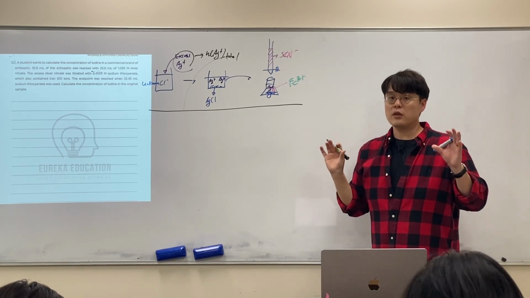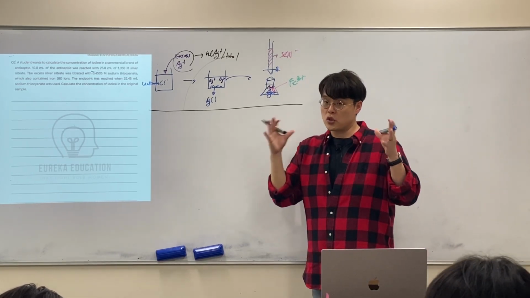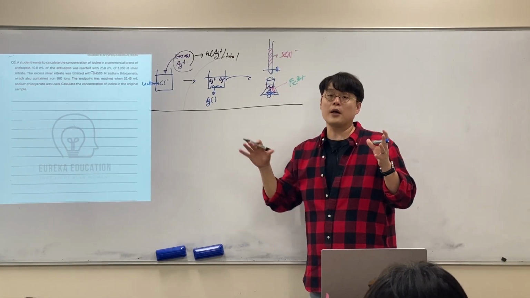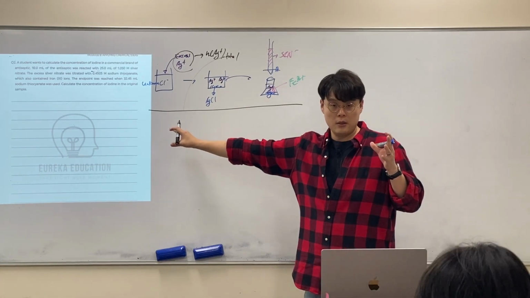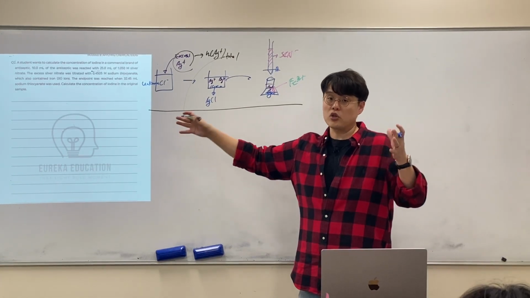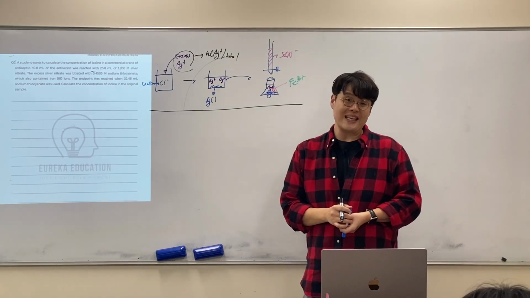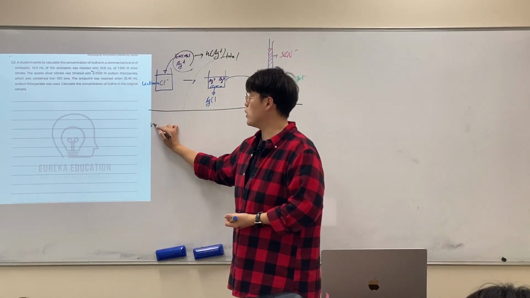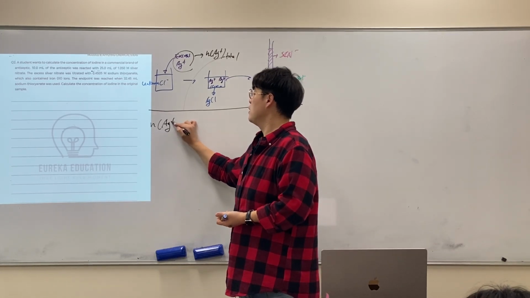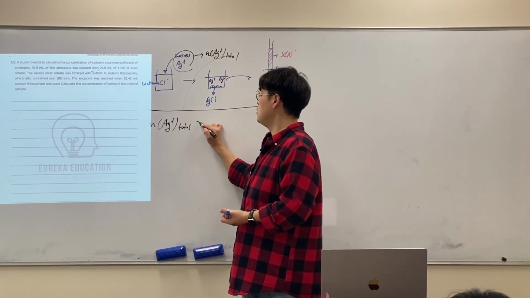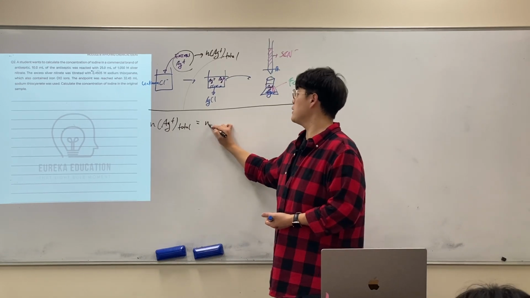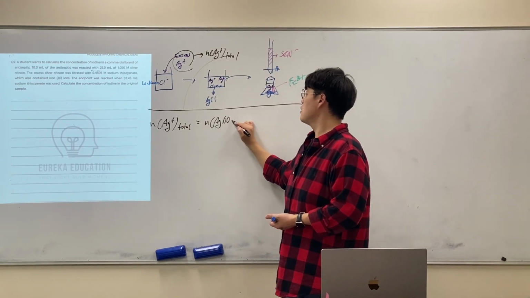Now this is really helpful if you understood Volhard's method prior to this question. I'm giving you some advantage so you know what is going on, and then you can start your calculation quite easily. So what we have to do first is find silver in total, which is the same as N of the silver nitrate.